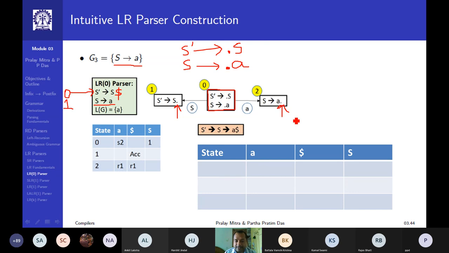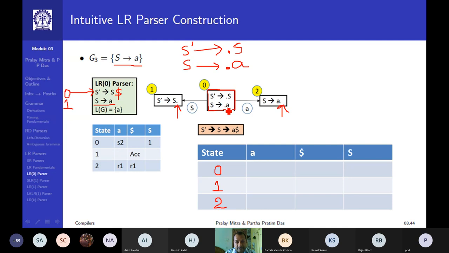So first thing, what I suggest you to do, corresponding to each state, you will make an entry as a row. So state 0, state 1, state 2. Okay. Now from state 0, if I see A, then what will be my action?